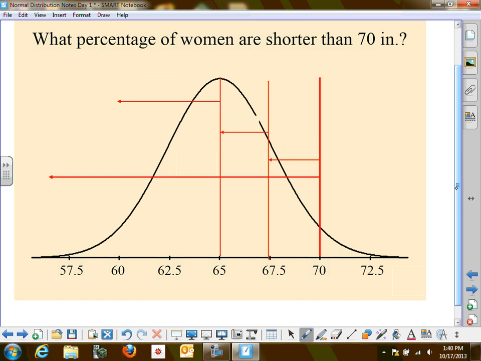How many of you added to come up with your values? Added. Okay. That's probably most common.